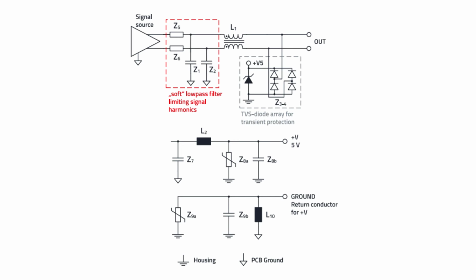Our next image here shows a possible filter circuit for a balanced signal interface, and the circuit utilizes a soft low-pass filter to pass the signal in differential mode while attenuating common mode components. A symmetric low-pass filter allows differential mode signals, which carry the essential information, to pass through unimpeded.